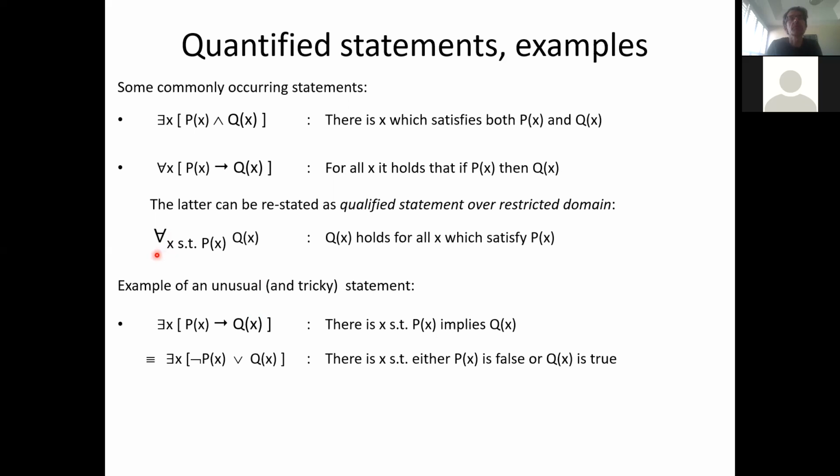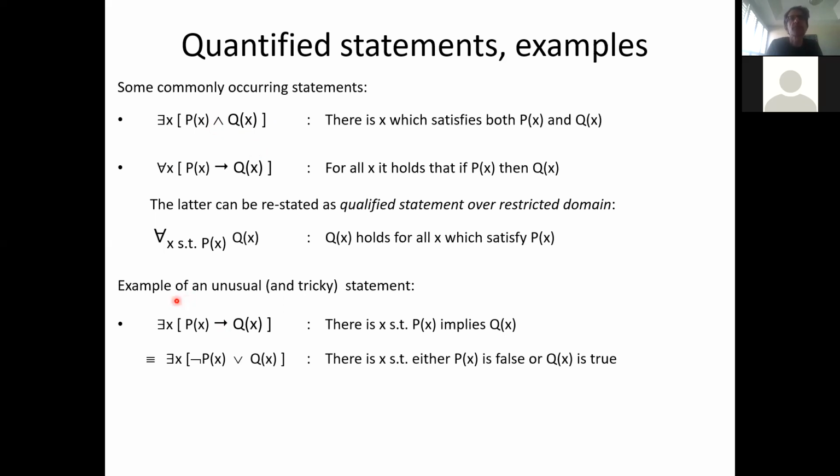What would it be if you say there exists an x such that something holds, for which Q holds? That's actually this. So there exists an x such that P of x, and only have Q of x as my statement about those x's, this is equivalent to saying this.